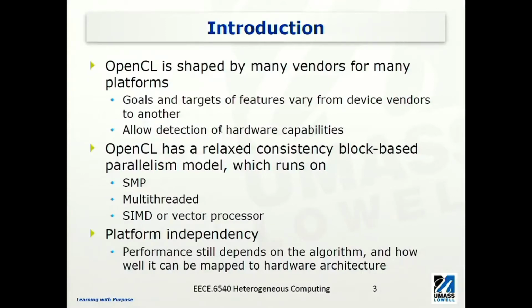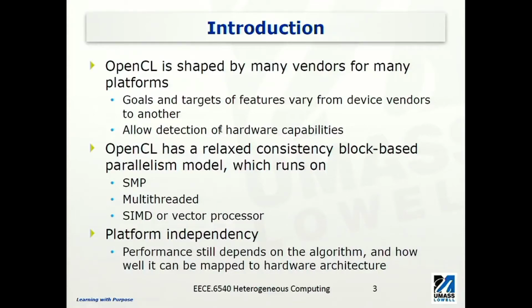But the reality is the processors provided by different vendors have different goals and target markets, and their features are quite different from one vendor to another. So while people were designing OpenCL, the framework has been gradually shaped by these vendors based on the processors they provide.